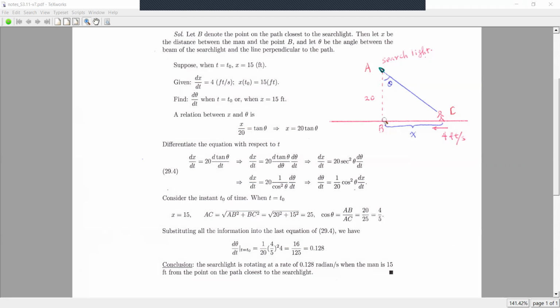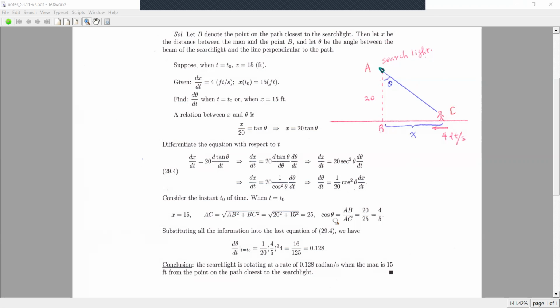AB, this edge, is 20. So here 20 squared. BC is x. x depends on the time t. But when t is t0, x is 15. So 15 squared. Therefore, when the time is t0, AC is 25.